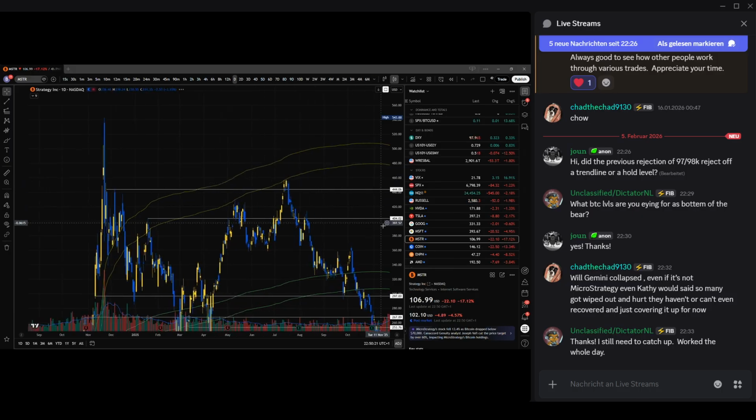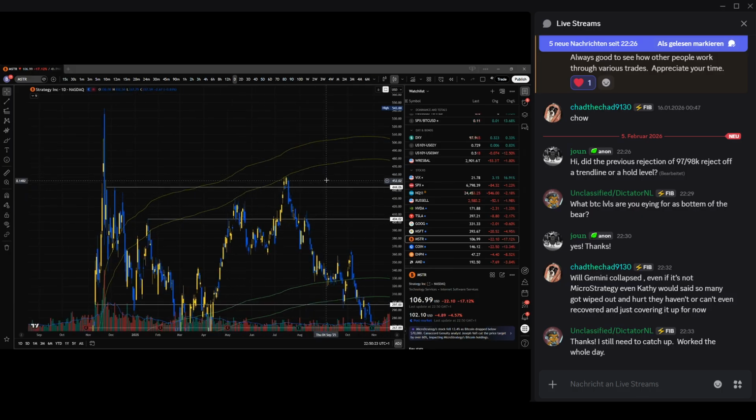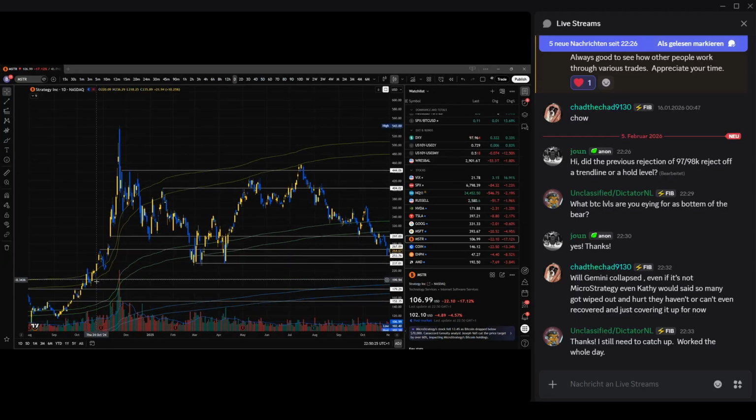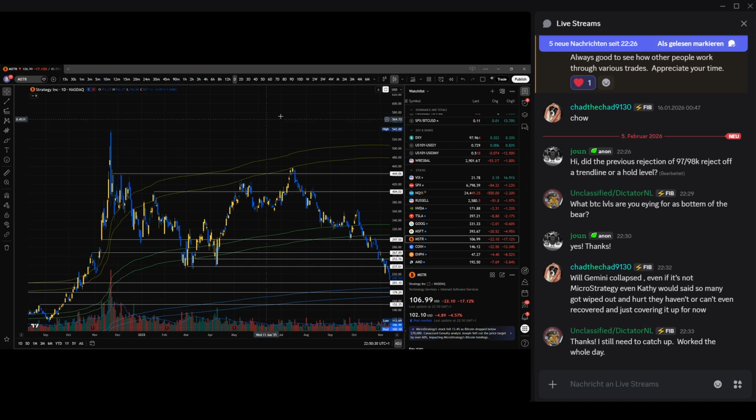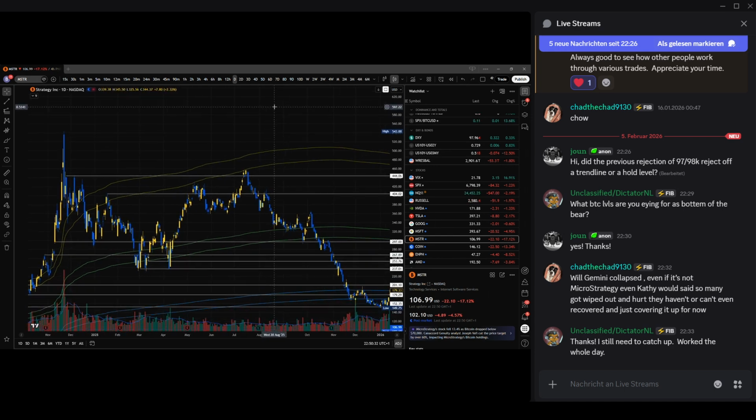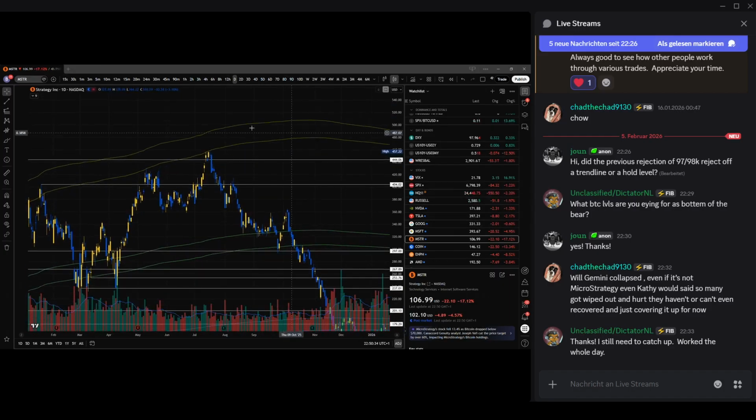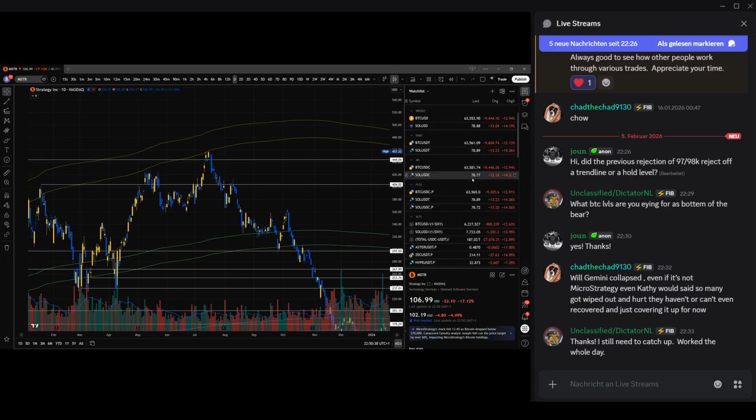And where it beautifully called the double top on MicroStrategy after the textbook euphoria top. That was undeniably here. And so, very good, very pregnant examples of why I like VWAP bands.